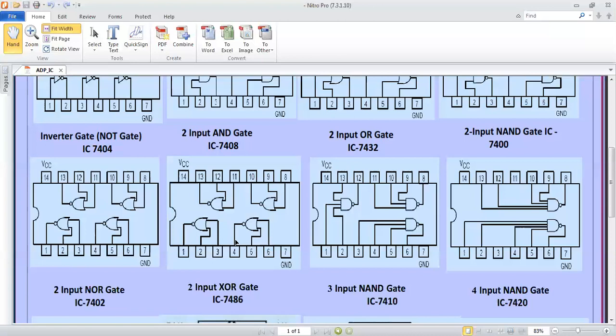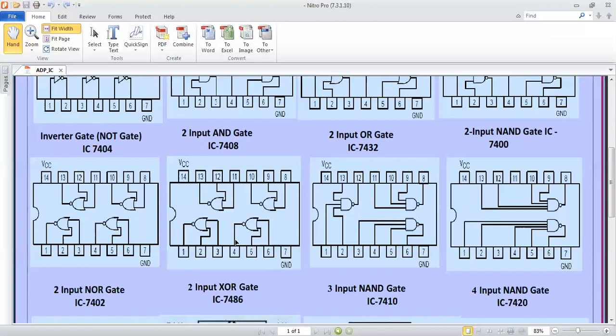Same way, we can give input on pin number 2 3 and it is going to generate output on pin number 1. Once again, 14 number pin is plus 5 VCC, and 7 number pin is once again ground.